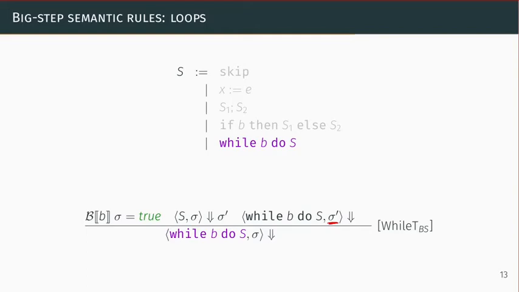This means that now we take the condition b again, but now under the state sigma prime, and depending on the result we will use here the rule while t or while f. Regardless of this, at the end of this derivation we will obtain a state sigma second, which is the final state of the outer derivation as well.